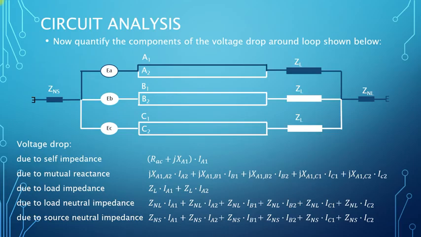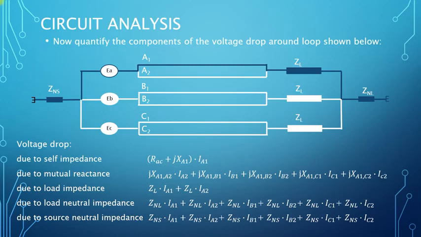Now, there are a number of paths between the start point at the source and the start point at the load, and I have highlighted in this slide one of the paths in the circuit, and you can see that there are actually 6 of these paths because we have two parallel three-phase circuits.